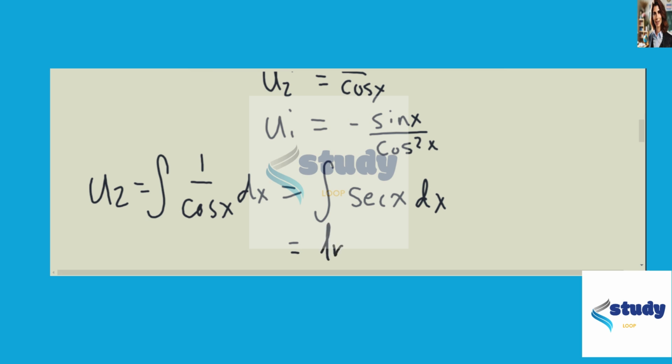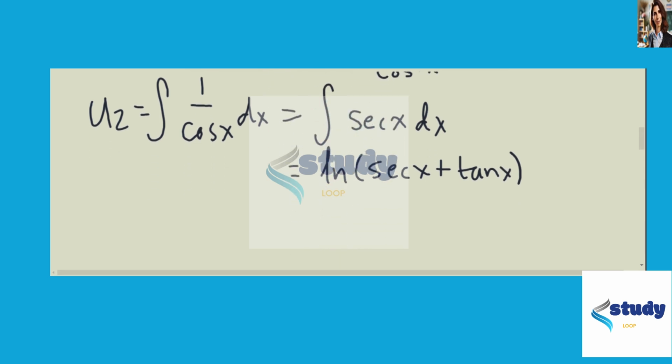And this is equal to ln of secant of x plus tangent of x. I think it was in chapter 7 that you see this. So if you're wondering how that worked out, go there.